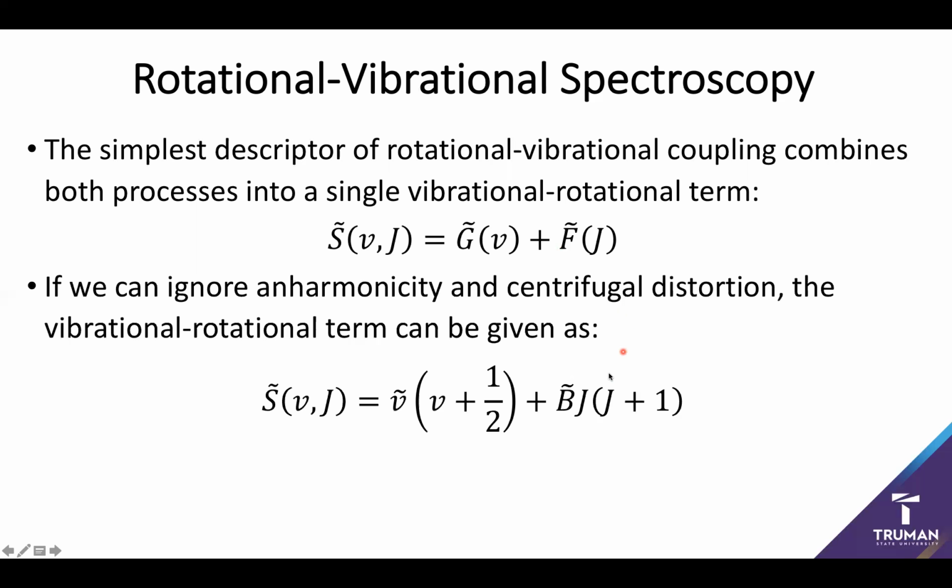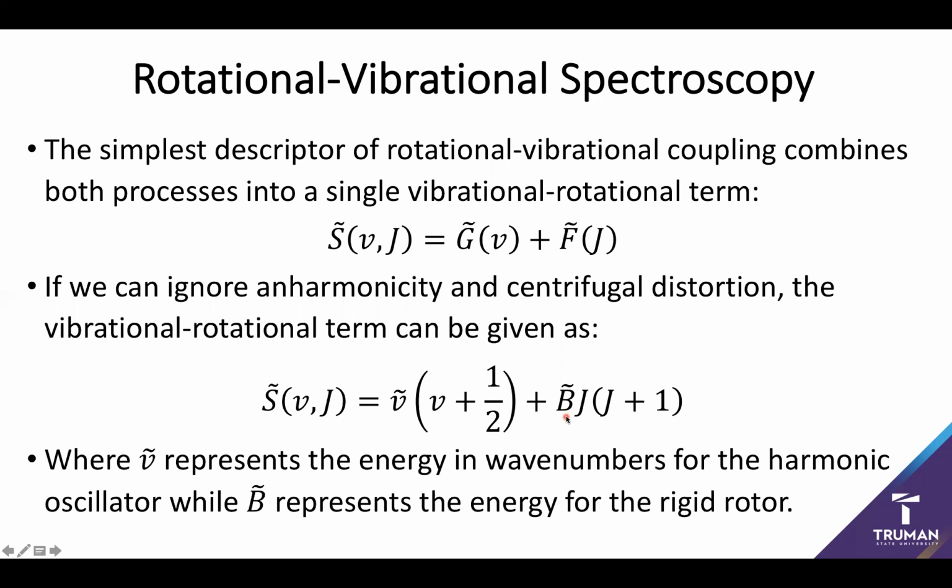We're going to start by assuming we have a nice spherical or linear rotor, which will help keep our equations fairly straightforward. And here, B is going to represent our rotational constant under a simple rigid rotor approximation. It is worth noting you can extend this to include higher order terms, but it's going to complicate the math. And we want to focus here on the key elements.